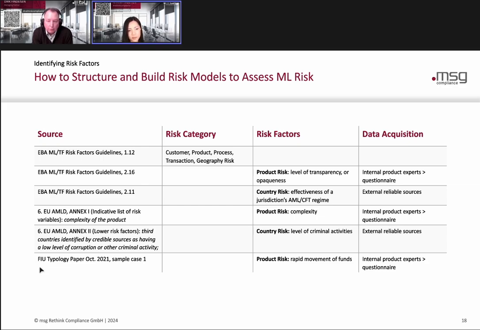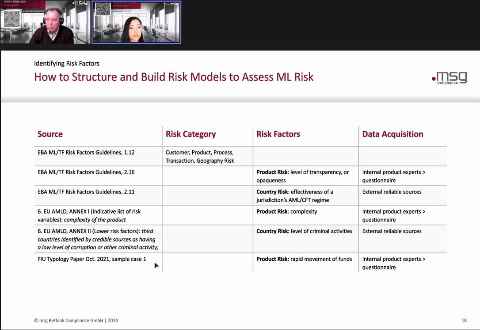Of course, what I found most interesting and also more useful in real life is really to read the typologies and the real cases, so to get a better understanding of how money laundering is really carried out. And the challenge by reading these typologies is, of course, to get an abstract risk factor out of this real life scenario.